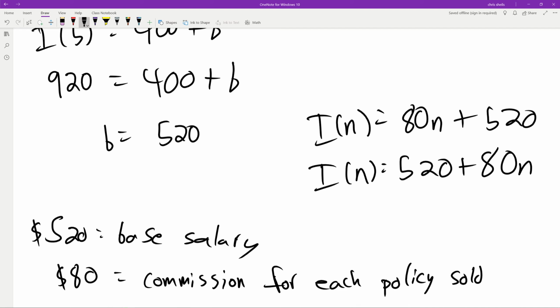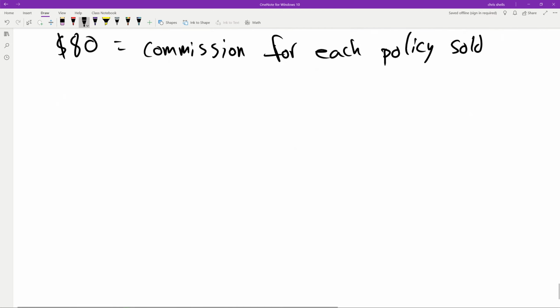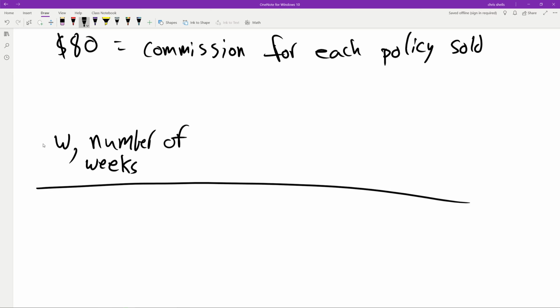And let's look at an example with a table. Let's say we have a table and we want to write a linear function that represents our table values. Say we have a table that is W, which is number of weeks, and P of W, which is number of rats.